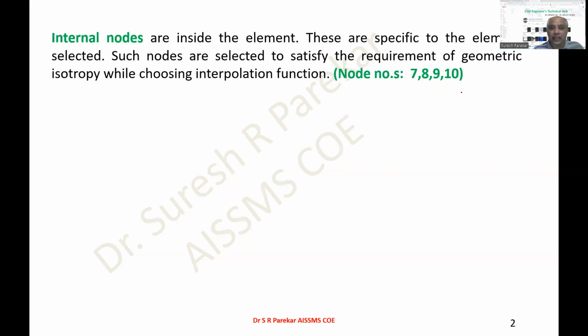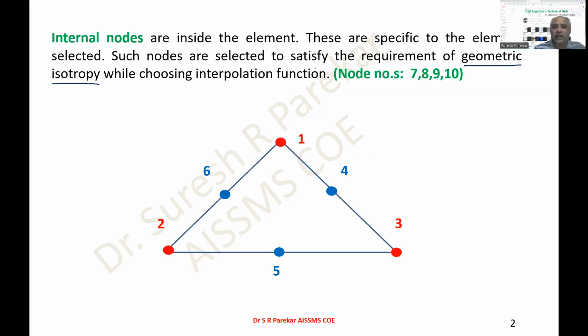Then we have another type, internal nodes. Internal nodes are inside the element. These are specific to the element selected. Such nodes are selected to satisfy the requirement of geometric isotropy. This is related to Pascal's triangles, which we will see when we get to them, but we have to keep in mind these are inside the element, inside the boundaries.